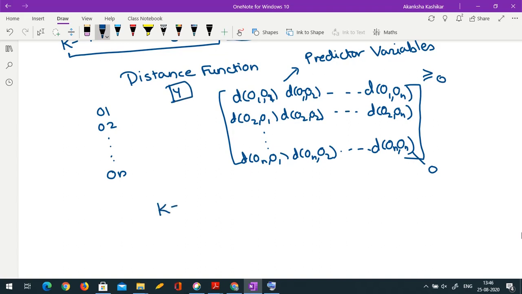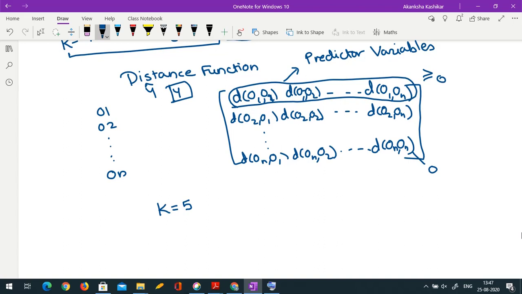Let me fix some k. So let me take say k as 5. Generally k is taken as an odd number. We will see why. Now if I want to compute y hat for the first observation, I would first focus on the distance of the first observation with all the other observations, that is the first row of my distance matrix.